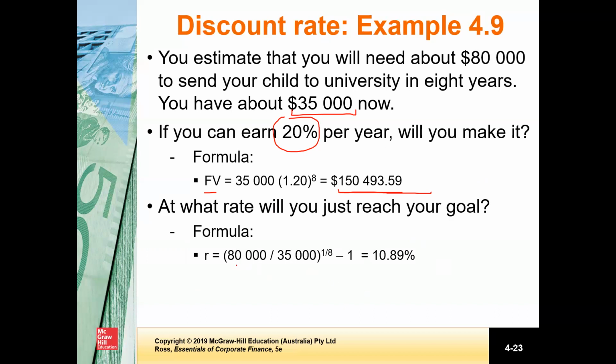So once again, we use the same formula, future value divided by present value into 1 power 1 by t. So 80,000 is what we need. 35,000 is what is invested. And you can see that 10.89% is the rate which is needed for the investment to grow just enough for the child to go to uni. Okay.